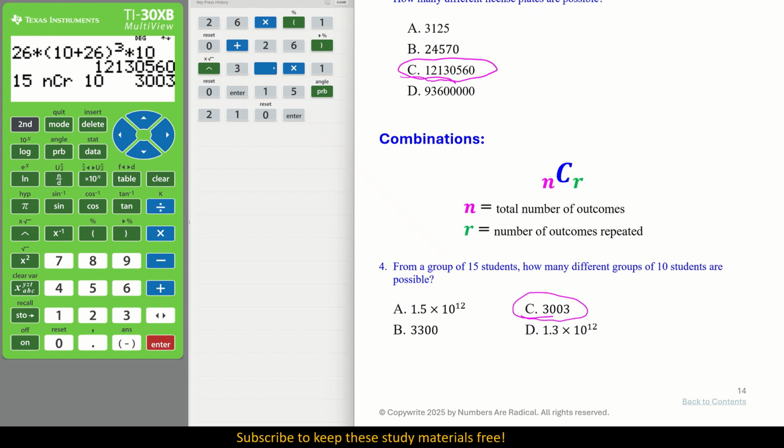So it was a nice combination of total outcomes. We just multiply it all together after we figure out what they've given us. And then this next one, obviously it's a combination because it says how many different groups, how many different combinations if we only select 10 out of the total. All right. Let's look at number 5.